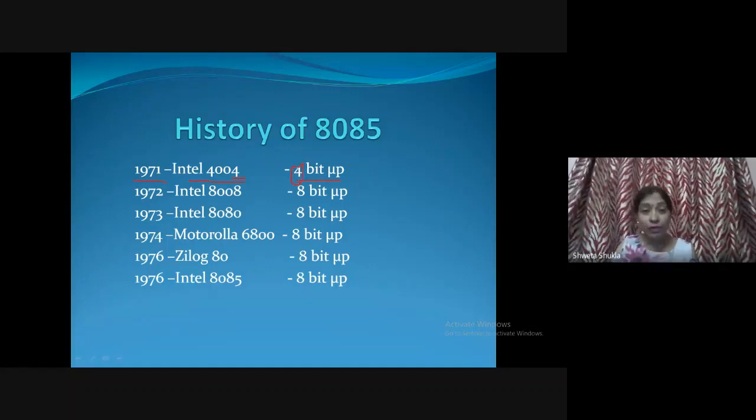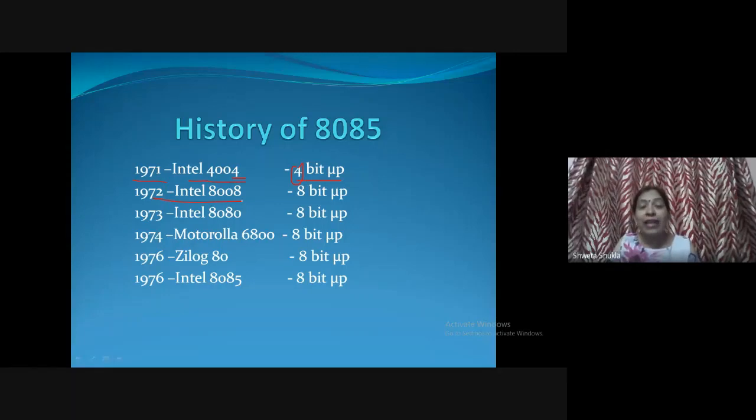Okay, then in 1972 Intel made one more microprocessor which is 8-bit, and they named it 8008. Then in 1973 a new microprocessor with the name 8080 came into existence. This is also an 8-bit microprocessor, but definitely it had some advanced technologies compared to 8008.